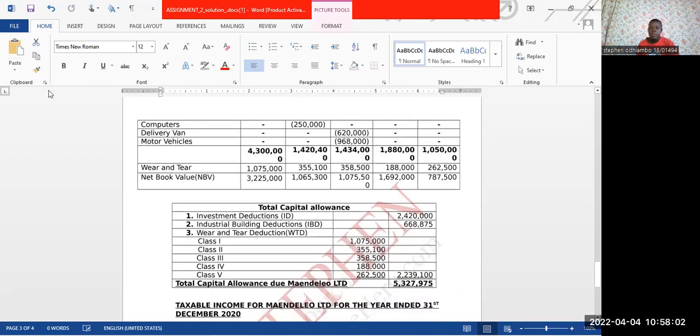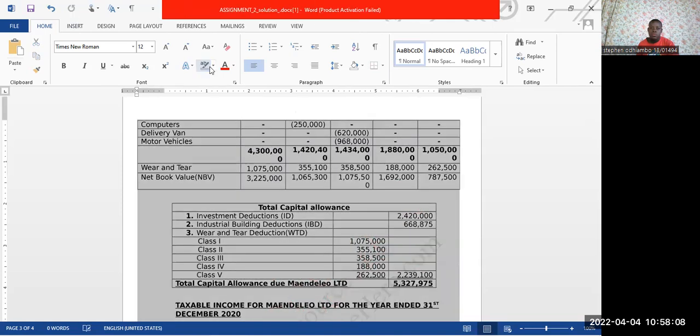For you to get total capital allowances, let me just highlight this. That is okay. So for you to get total capital allowances, we started with investment deduction, which is shortened as ID.